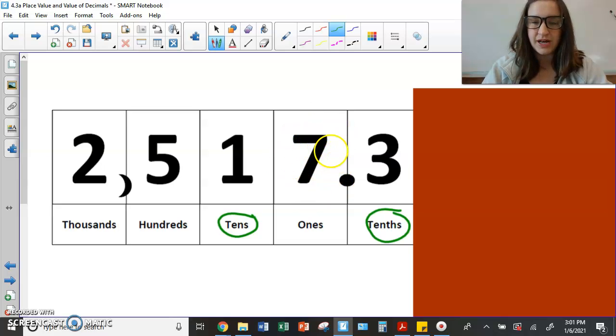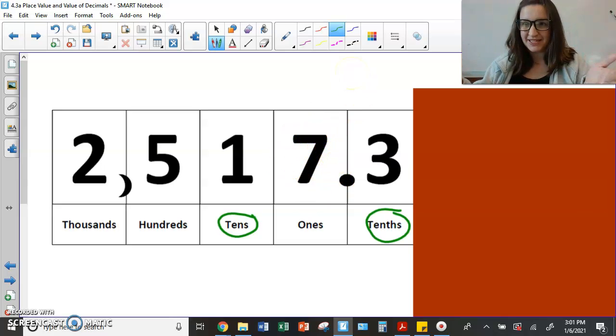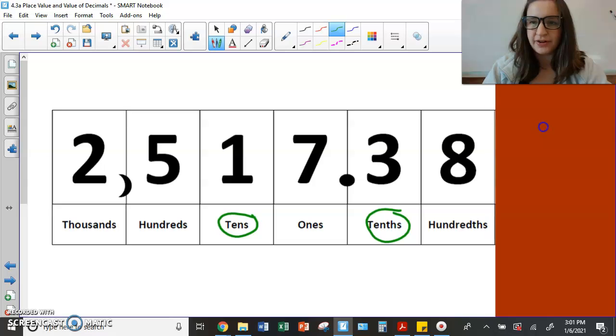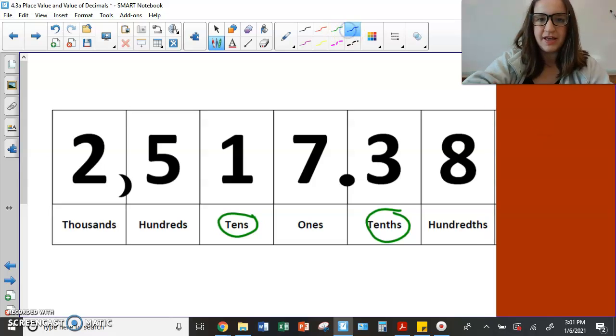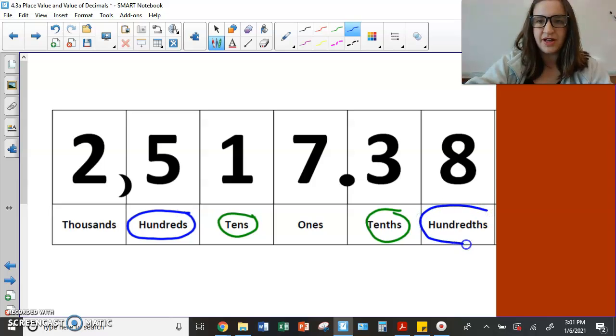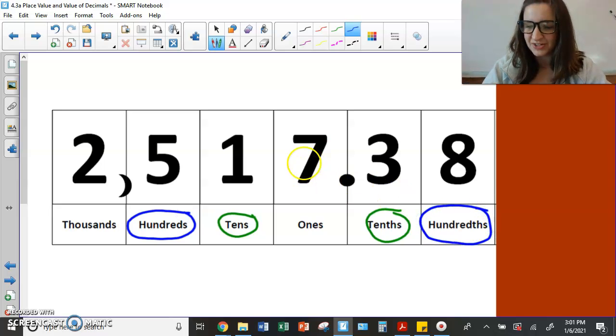If I have 1 and I break it into 10 pieces, I now have tenths. Then we move over to our hundredths place. This is the word hundreds, and you'll notice the word hundredths right here. I take the base word 100 and add a THS to the end of it, the same thing I did to the word 10.